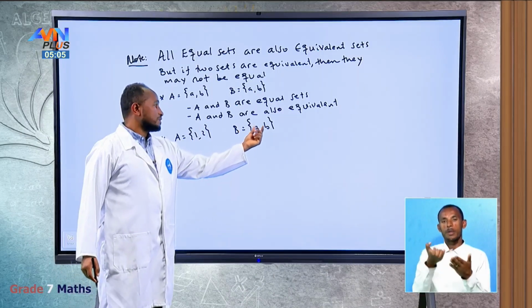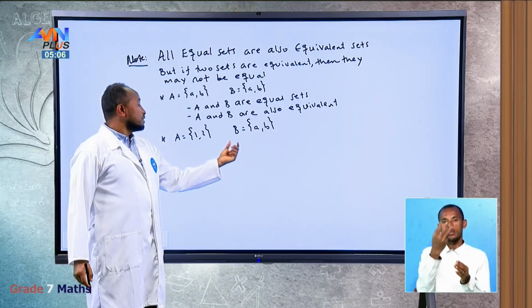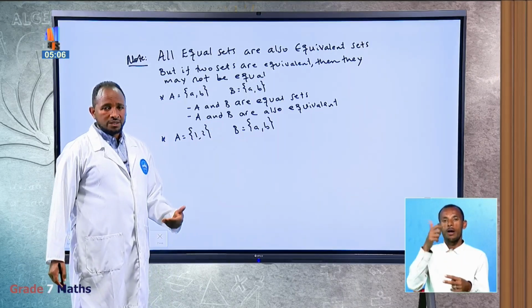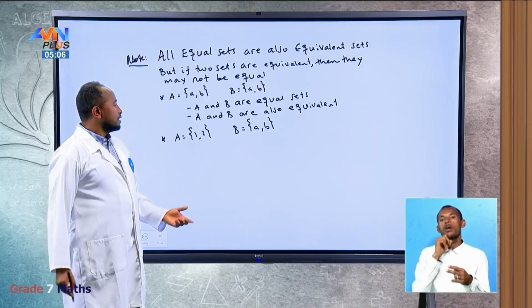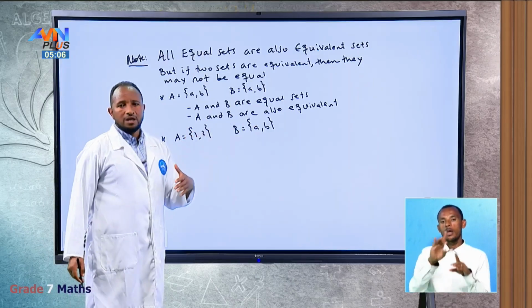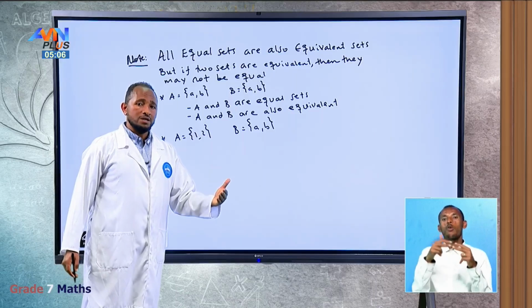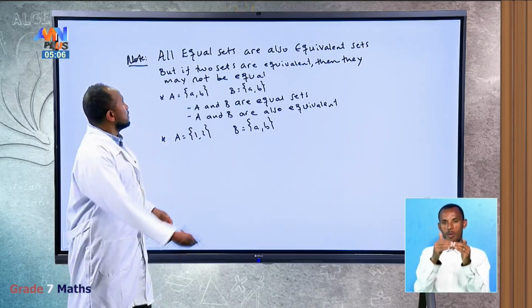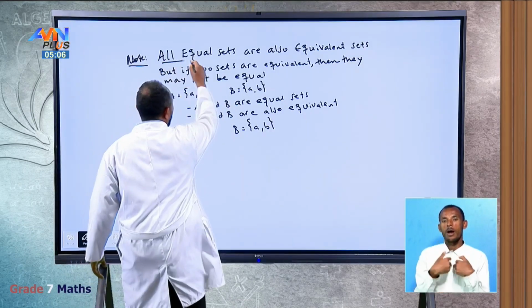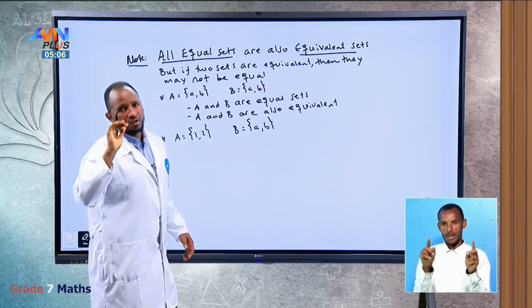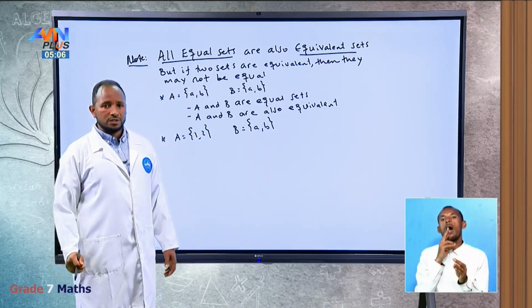The number of elements in set B is also 2. They have an equal number of elements. They are equivalent. But they are not equal. They do not have identical elements. So, equivalent sets are not necessarily equal sets. But here you have to note that all equal sets are equivalent, but all equivalent sets are not equal sets.